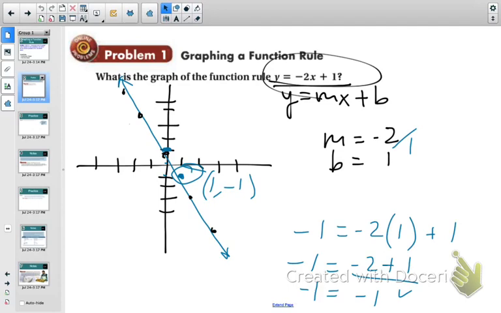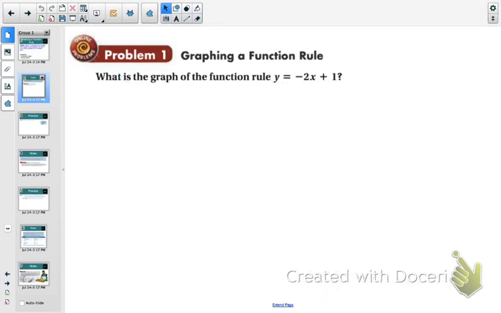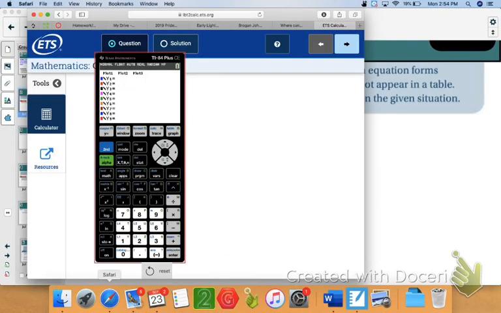You can also graph this on your graphing calculator. If you have a TI-84 or 83, or basically any TI, this is how you want to do it. So this is probably what your calculator looks like now. If you go to the Y= button in the top left and click that, it takes you to this menu, where you can just type in what the equation is.